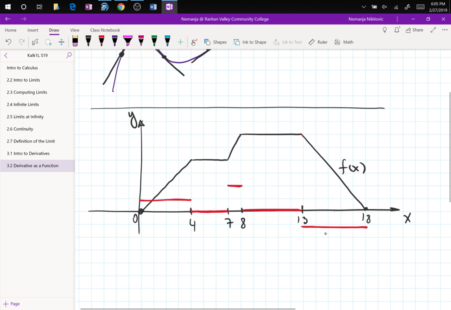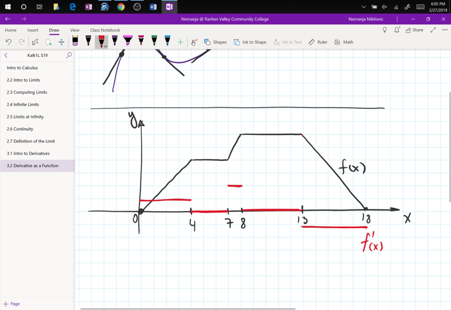So what we learned from this graph are 3 very important connections, and we'll have another 2 when we're done. 3 very important connections between the black function, which is f of x, and the red function, the derivative, f prime of x. The red function, which is this piecewise function, is going to be the derivative.